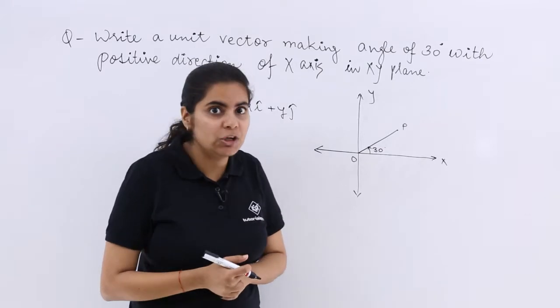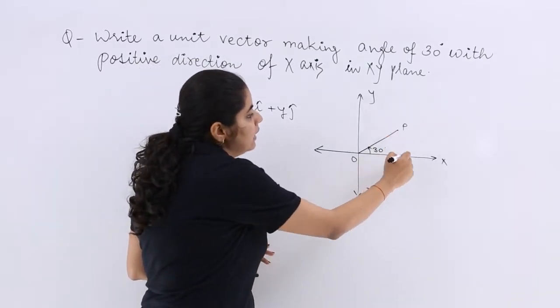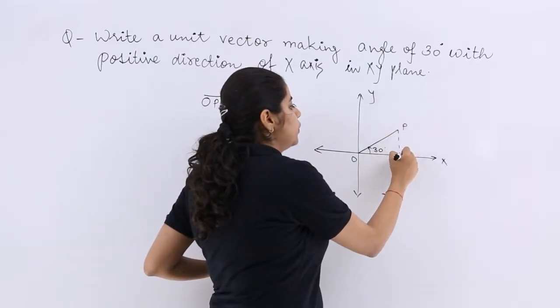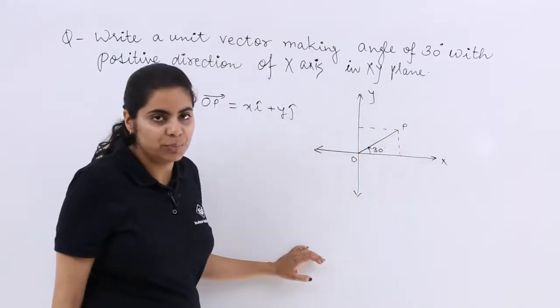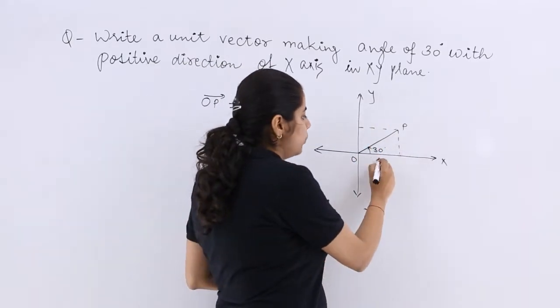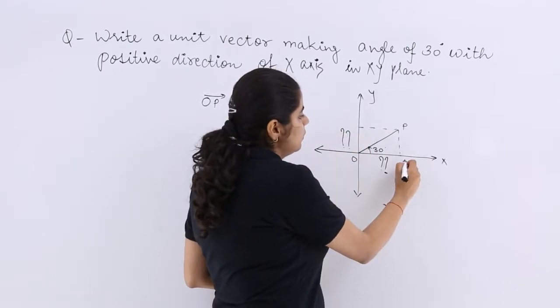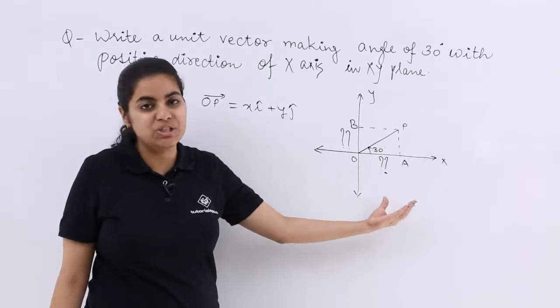Now, when I know about everything, this story should not be complete until and unless I actually frame the triangle in order to find out the desired components. So, what would this component be like and what would this component be like? So, if this is point A, this is point B, please throw more light into this.